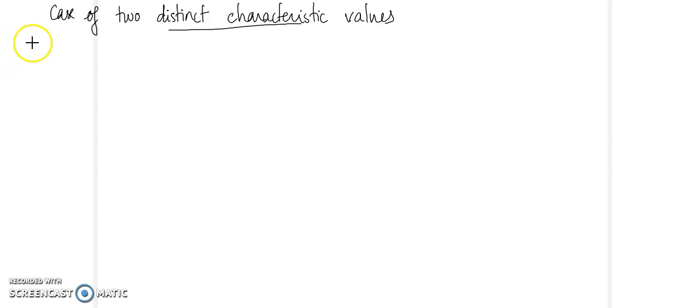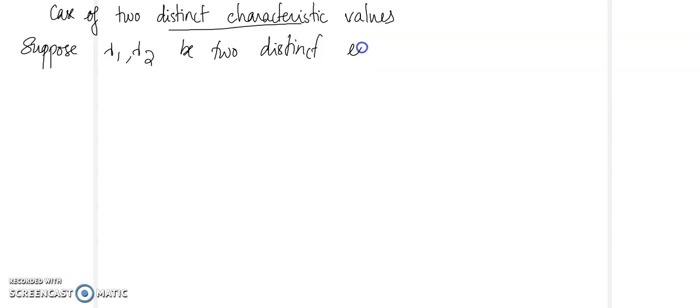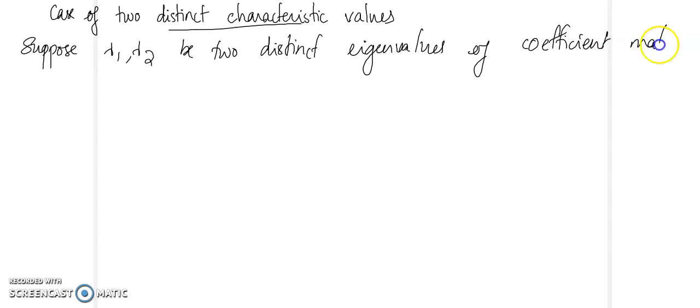So suppose you have two distinct eigenvalues, lambda 1 and lambda 2, of the coefficient matrix A. When the eigenvalues are distinct, we know that there will be a distinct pair of eigenvectors and they will be linearly independent.